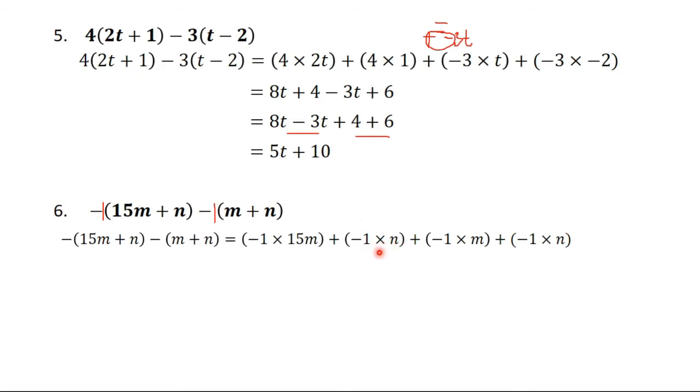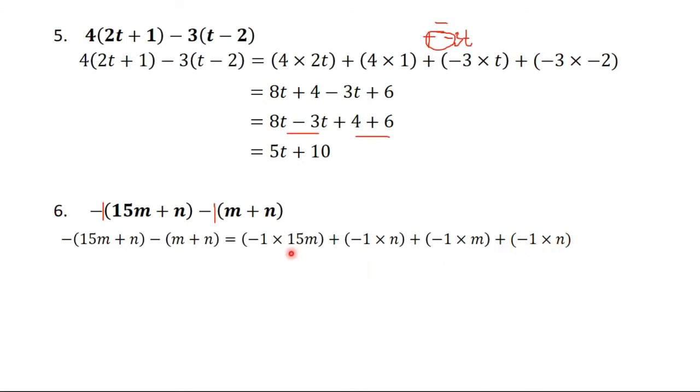Then we move on to the next section. Remember, since we've closed this bracket, we bring another addition sign. The next bracket, we have minus 1 times n. So that bracket will come. Then since we've closed this bracket, we bring another addition sign. Then we go on to the next one, minus 1 times n. So minus 1 times n, then we close the bracket.